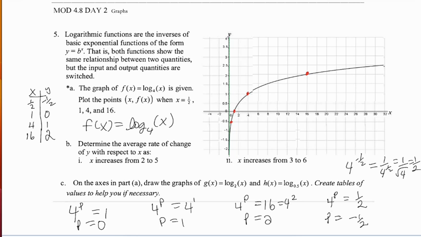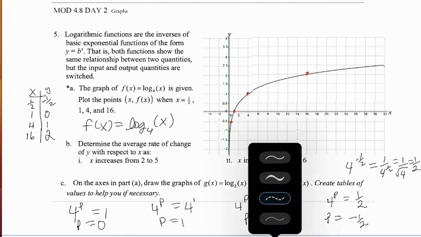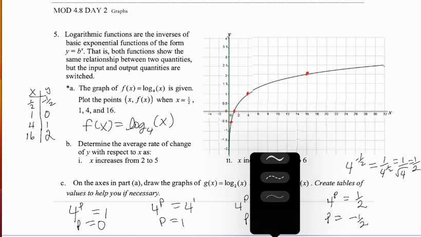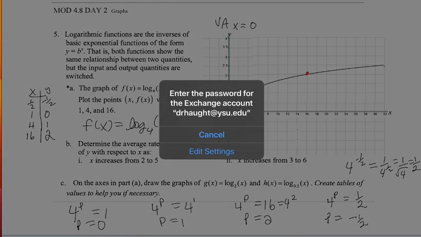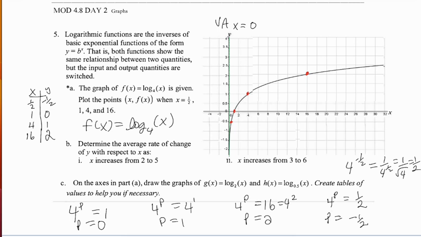So this particular function, because we have no transformations left and right or up and down, has a vertical asymptote. I usually just abbreviate that VA for vertical asymptote. It has a vertical asymptote at x equals 0. It will never touch 0, but it will get close to the vertical line x equals 0.